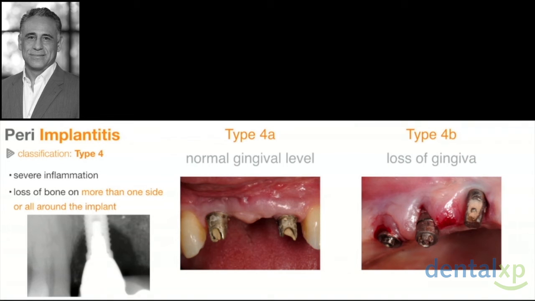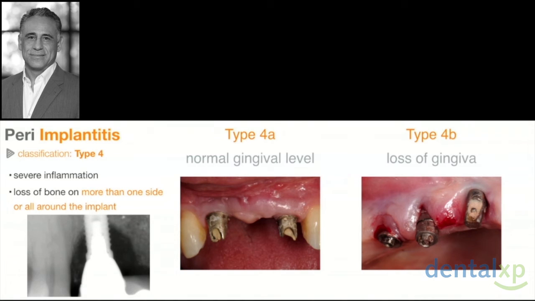The next category of peri-implantitis is type 4, where we have severe inflammation and there is loss of bone on more than one side or all around the implant. So in type 4, we have more advanced bone loss on more than one side and potentially all around it. And there are two types that I describe here.